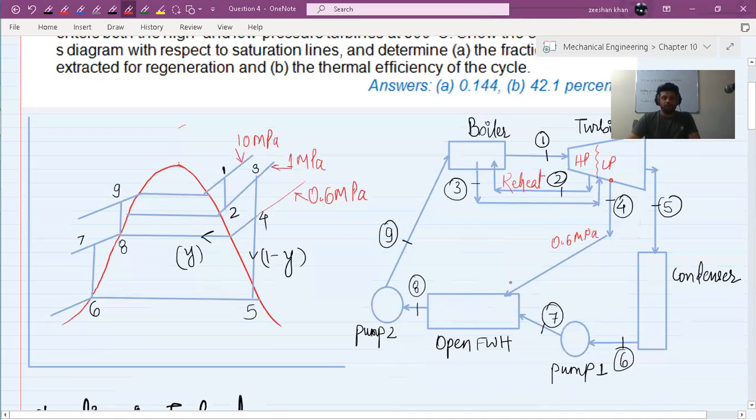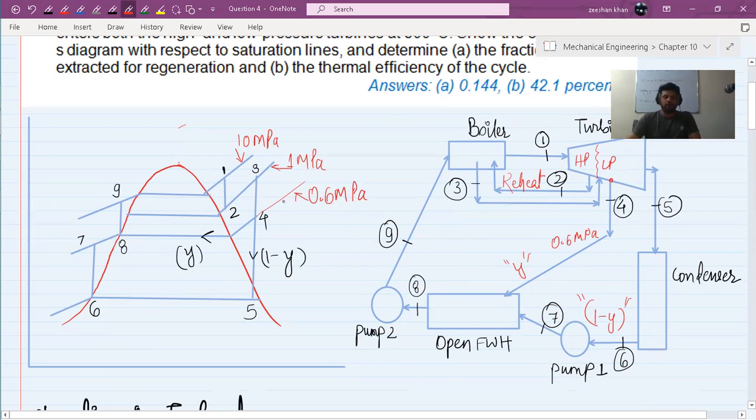Both of them, y amount coming in from the low pressure turbine and 1 minus y coming in from the condenser, turn into saturated liquid. These two portions combine in the open feed water heater and through the pump reach back to the boiler. This is how our cycle completes.